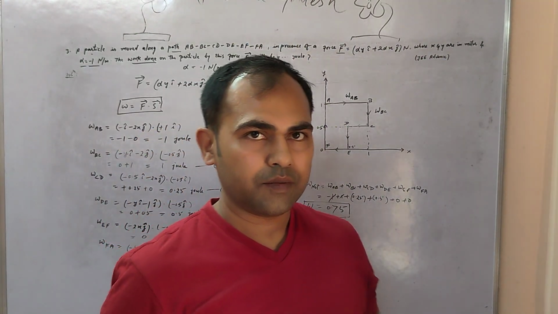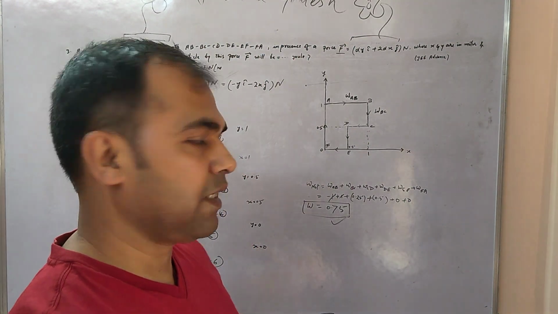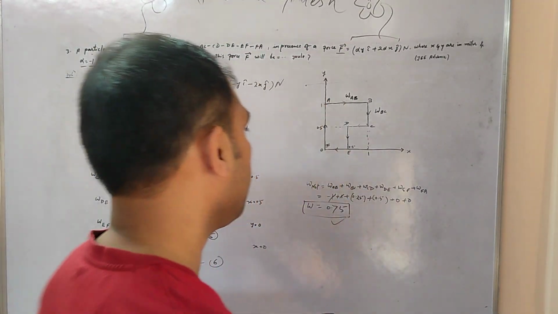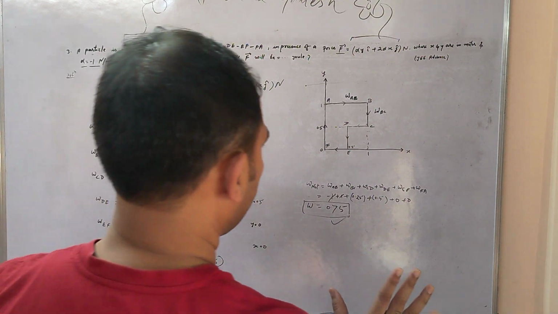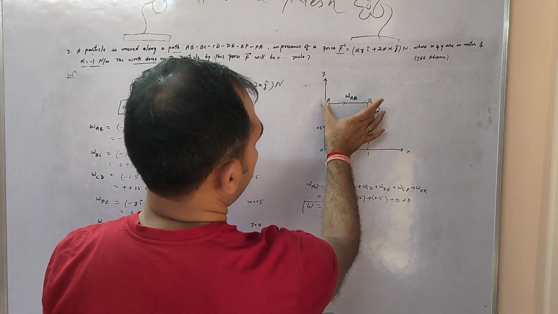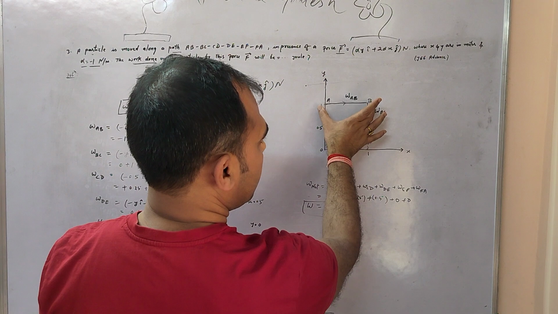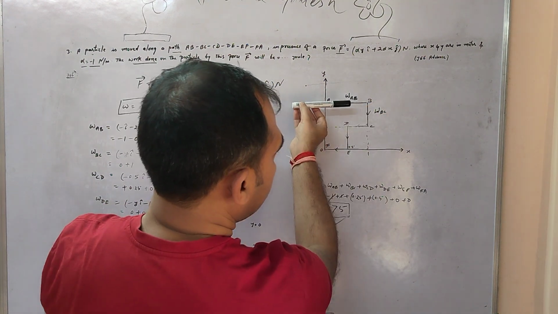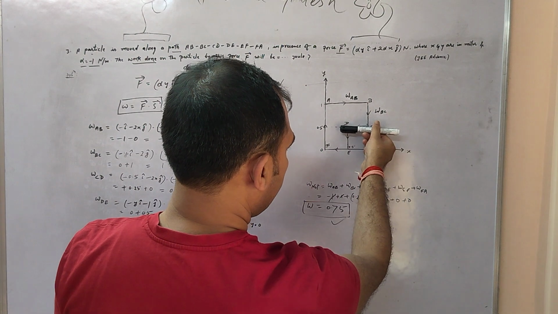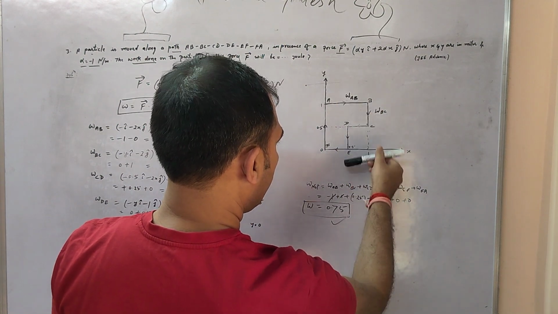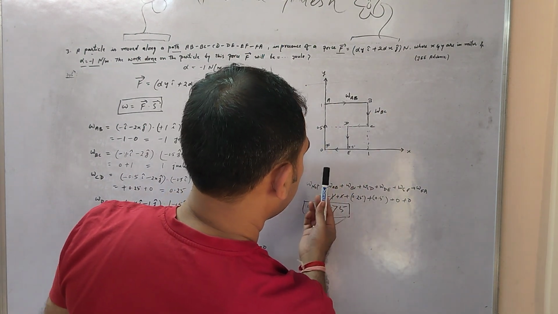I hope you got it. Basically that was a very simple question. Only you have to take care of the direction and magnitude. Basically direction, like here it is positive, here it is negative, again negative, again negative, again negative, then positive.